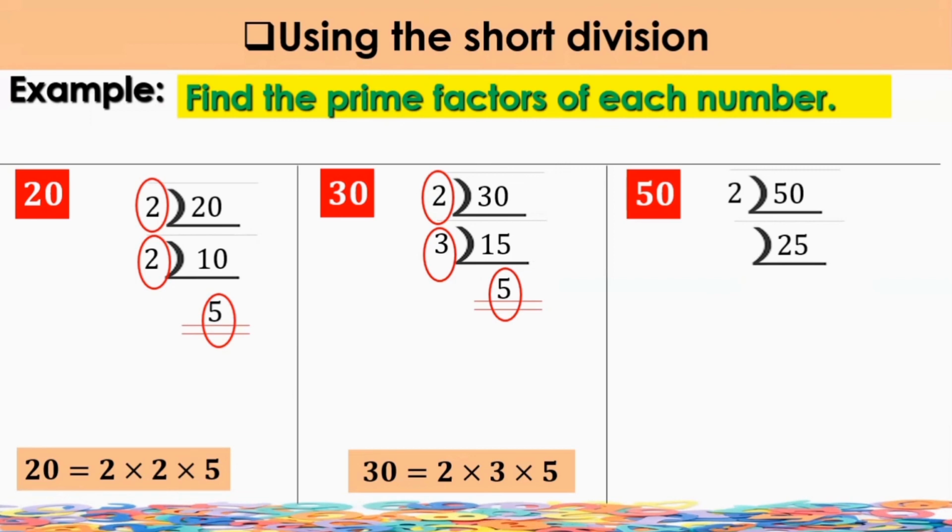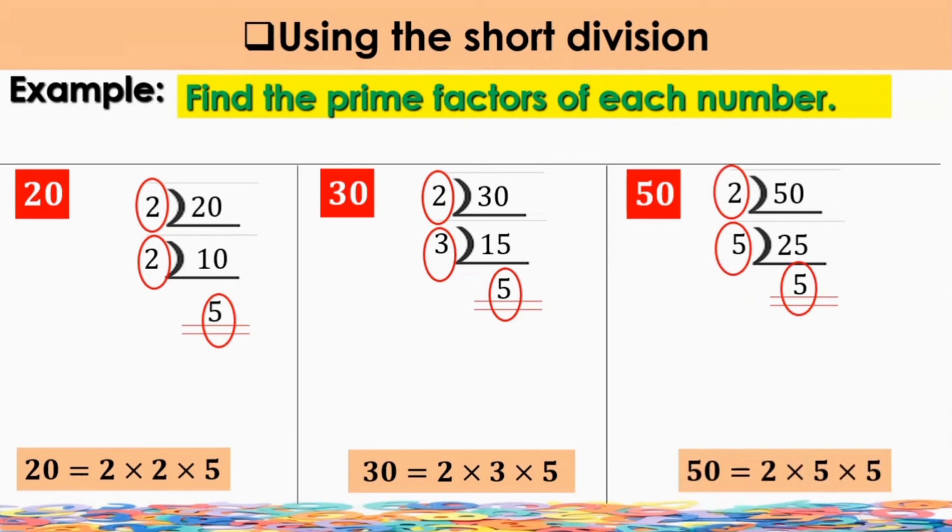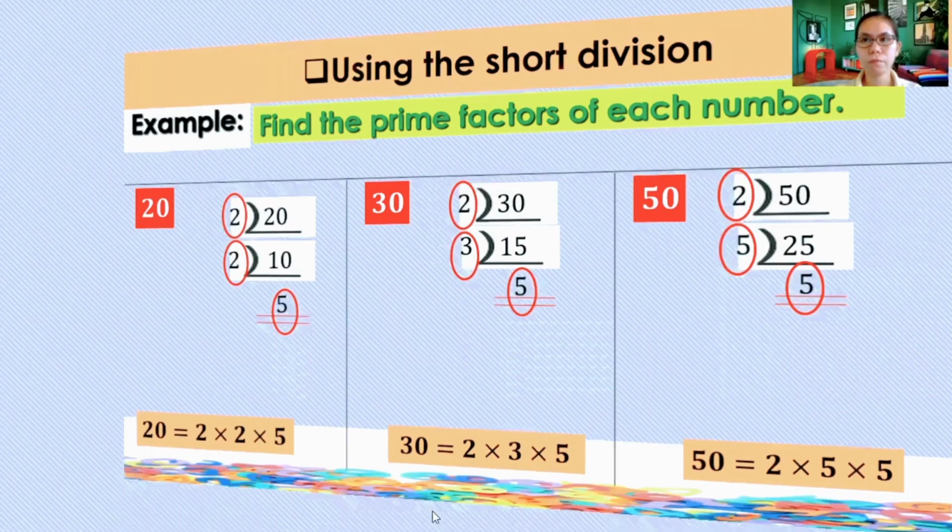Think of the smallest factor of 25 that is a prime number, which when divided from 25 leaves no remainder. What is that number? 5. 25 divided by 5 equals 5, and we all know 5 is a prime number, so let's stop in here. Therefore, the prime factors of 50 is equal to 2 times 5 times 5.